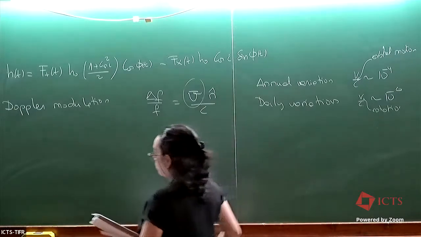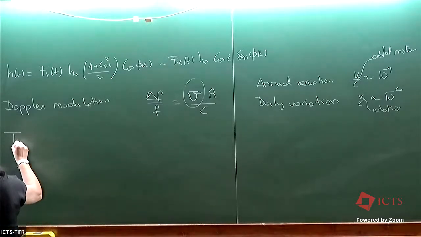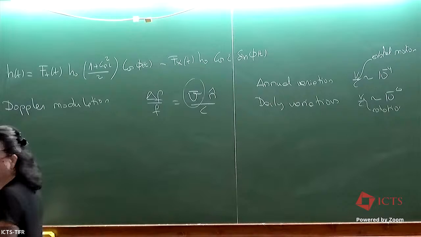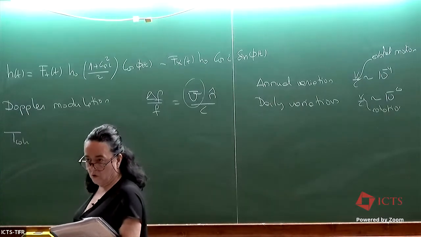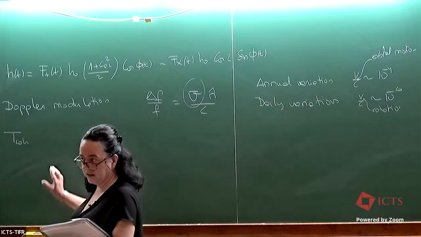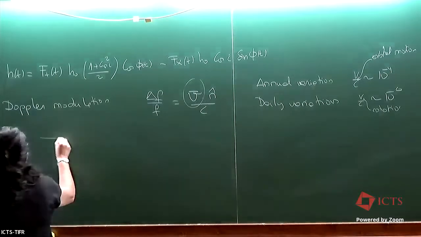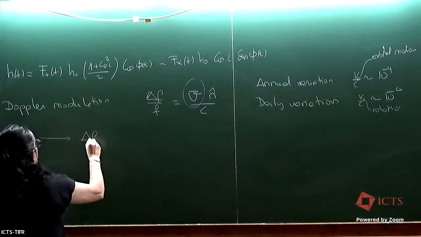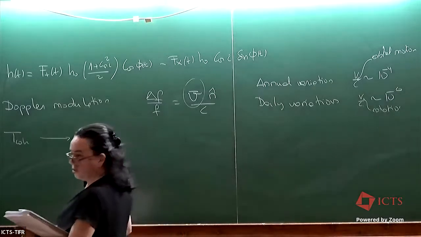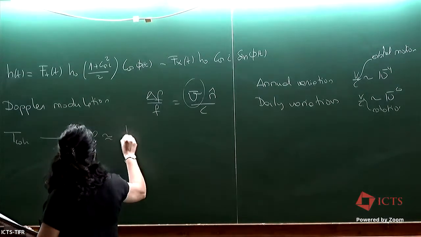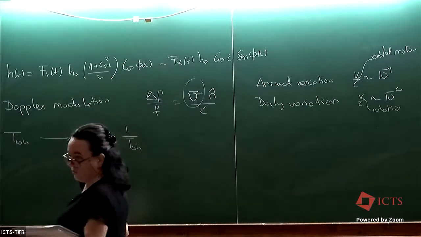Okay, also from the class yesterday, let's say that I do a coherent integration of this signal during a certain time that I call T-coherent. This implies, as we were working out yesterday, that I'm going to have a resolution in frequency of the order of 1 over T-coherent.